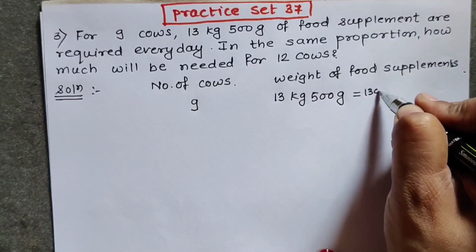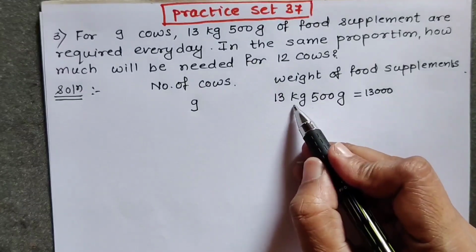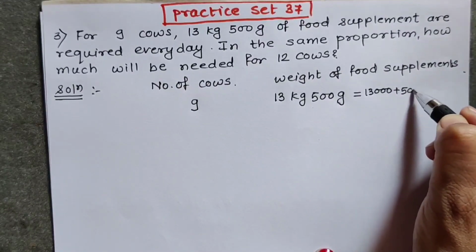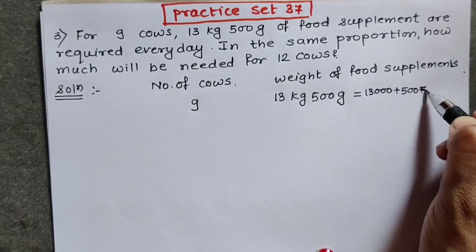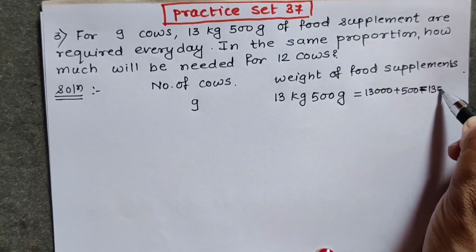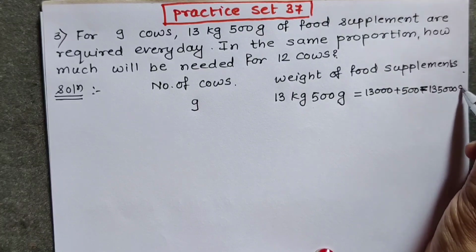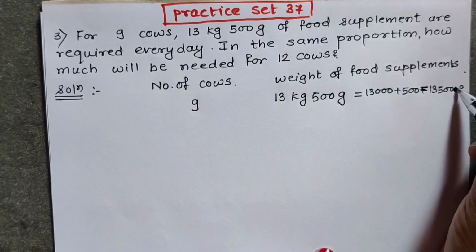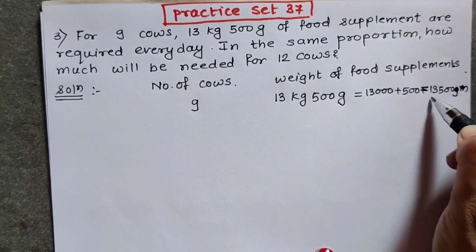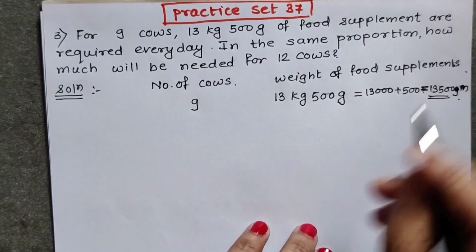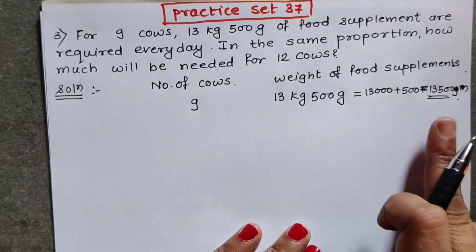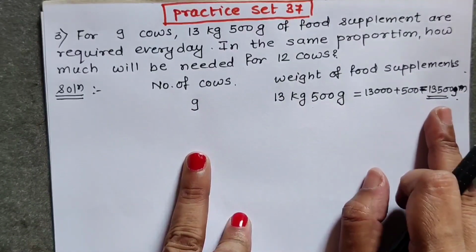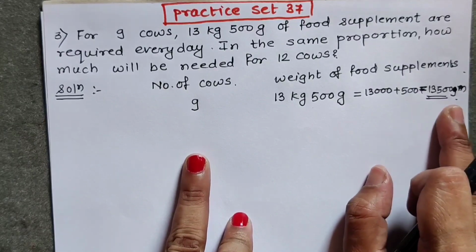So the answer is 13,500 gram. So 13 kg 500 g means 13,500 gram. Now for 9 cows, they require food supplement of 13,500 gram.